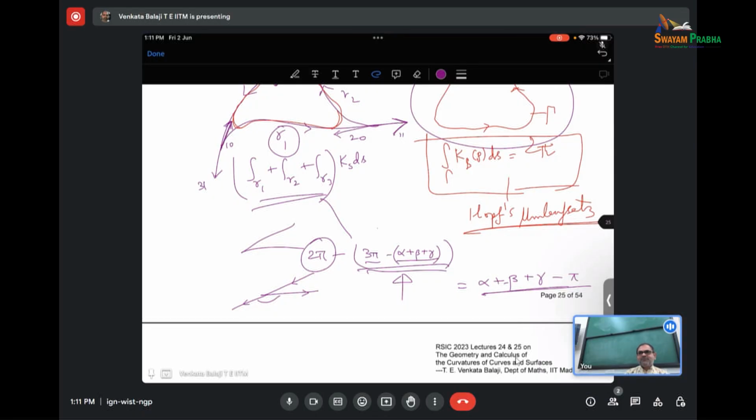Had it been a spherical triangle, the difference is actually the area of the triangle, and the area of the triangle there is a total curvature. In the plane curve case, what is happening? The difference in this angle is also the total curvature, but now this is the sine curvature of the bordering curves.